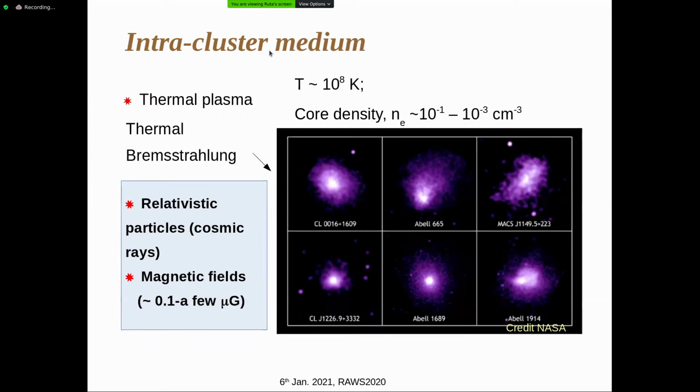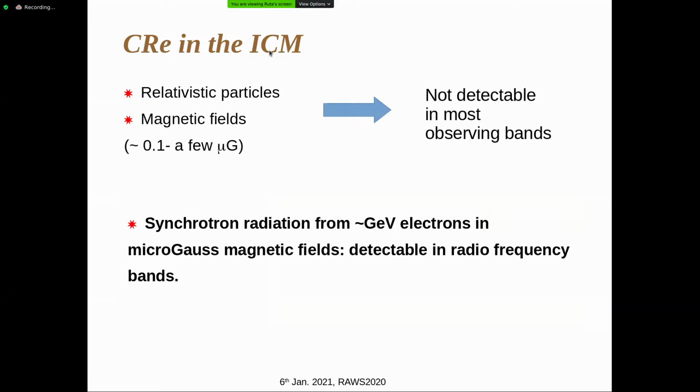Now, what is quite invisible in this X-ray view of galaxy clusters, or even the optical view of galaxy clusters, is the presence of relativistic particles, or cosmic rays, and magnetic fields. We did come to know of these components in the intracluster medium, and these are not detectable in most observing bands. However, you may have heard of synchrotron radiation.